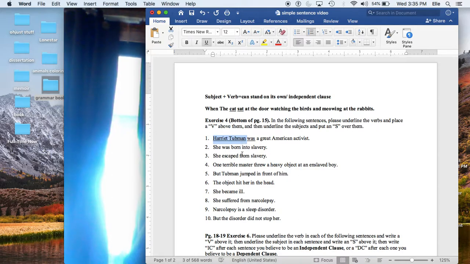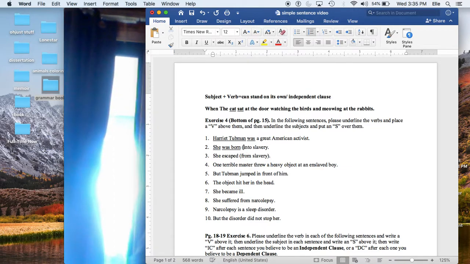Number 2, was born is our whole verb. Who or what was born into slavery? She. She is a pronoun, right? It's the subject of this sentence. She was born. Number 3, escaped is our verb. She escaped from slavery. You could even get rid of from slavery because that is a prepositional phrase, same as number 2. Into slavery is a prep phrase, so you can just mentally delete them.